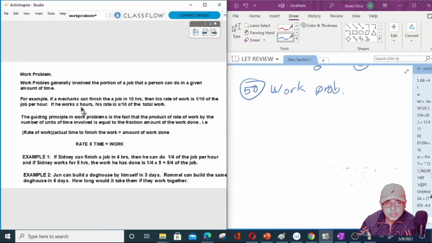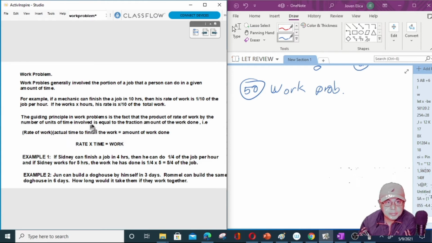So if he works X hours, the work is X multiplied by his rate. X multiplied by 1/10 is X over 10 of the total work. So this is the formula.